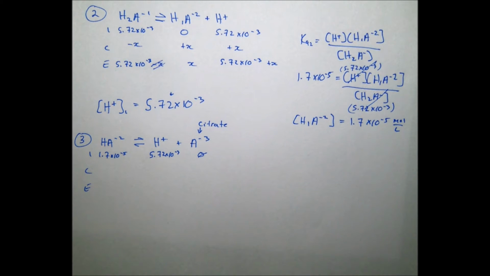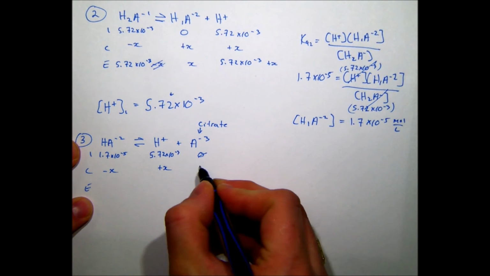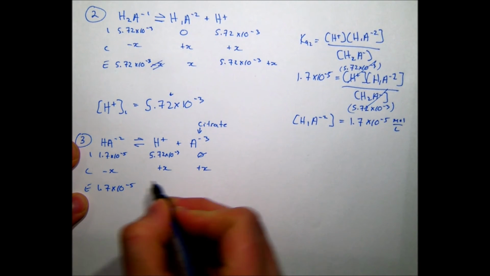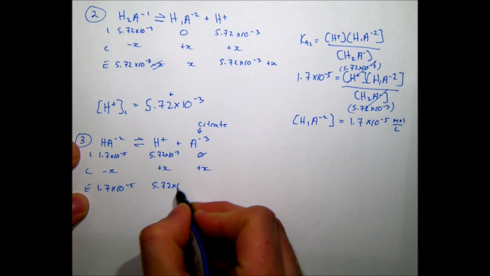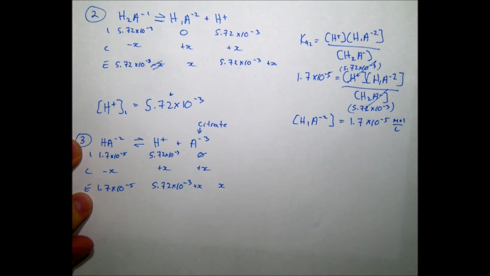But again, the question says explain any approximation or assumptions we made. So I kind of feel like we can use those assumptions. We have a 0, so we know which side's going to be gaining. So 1.7 times 10 to the negative 5, 5.72 times 10 to the negative 3 plus x, and x.